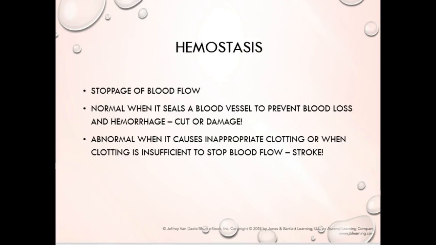That clot will travel through the body until it gets to a blood vessel that's smaller. So I say a stroke because that's a common place that it can go, up to the brain, and it'll travel up to the brain until it gets to a blood vessel that is smaller than it is, and it will block that blood vessel, and any tissue beyond that doesn't have a blood supply anymore.